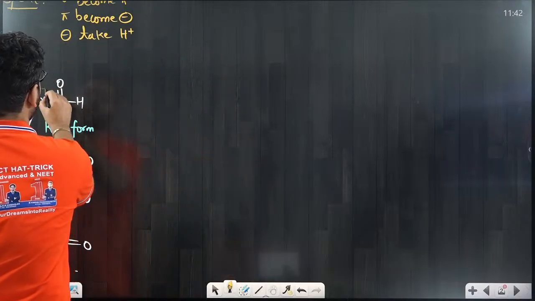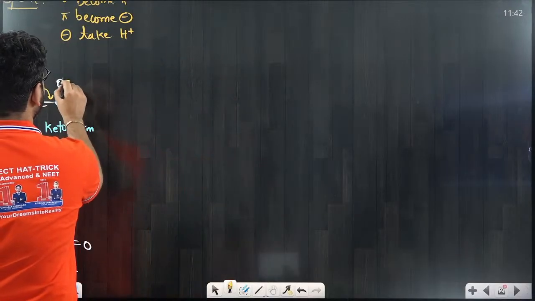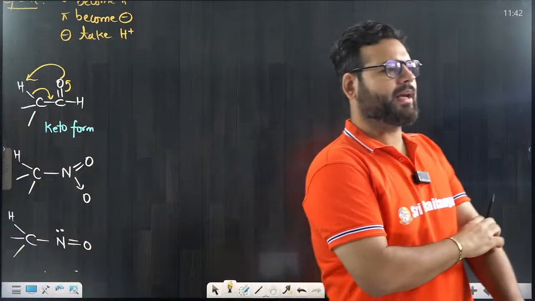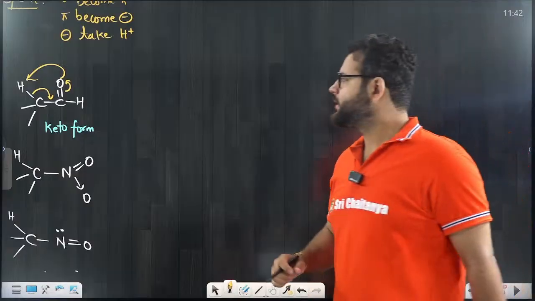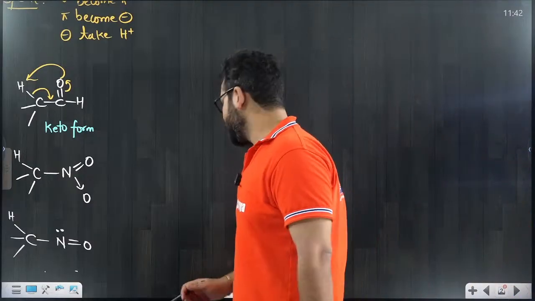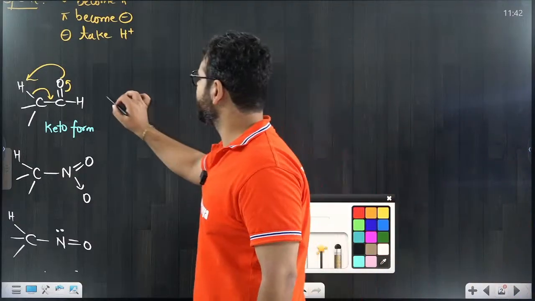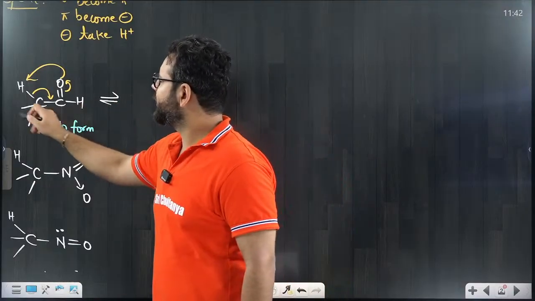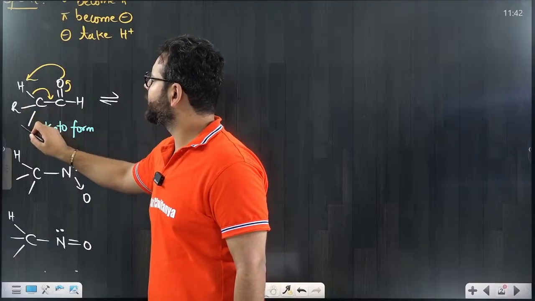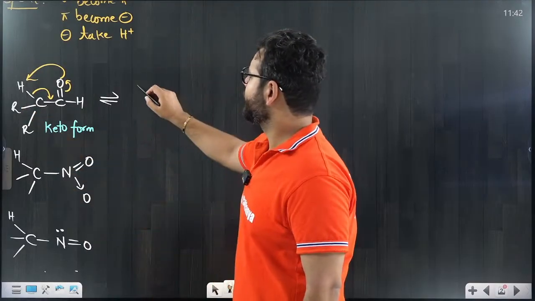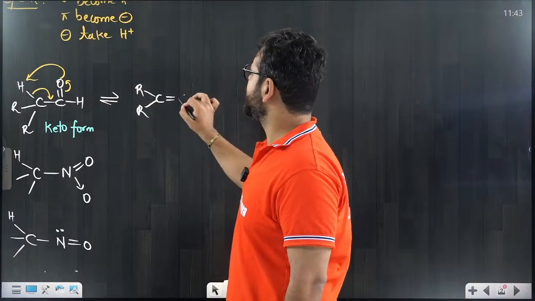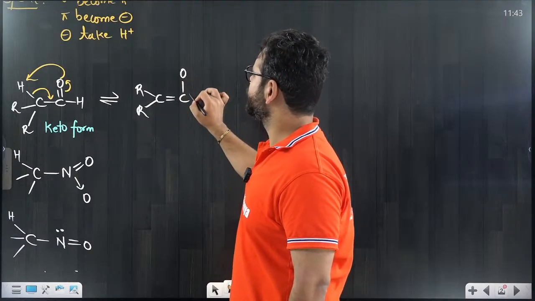Sigma become pi, pi become minus, minus take the H plus. Draw the sign of tautomerism or equilibrium. Let's keep here hydrogens or alkyl, anything you can keep. I am keeping 2 alkyls, R R. So what I am left with is this C double bond C, single bond OH.